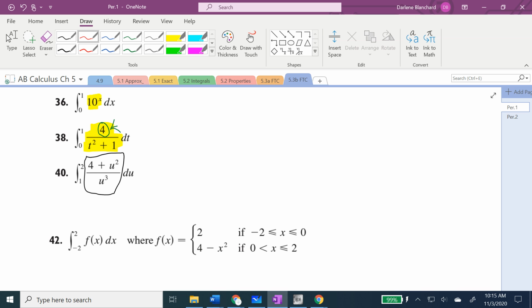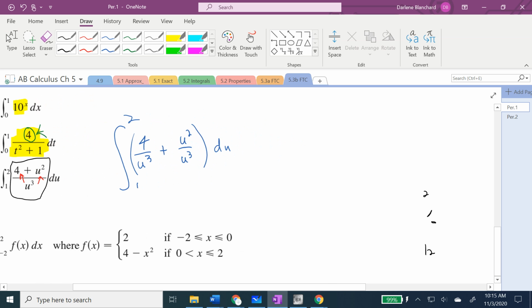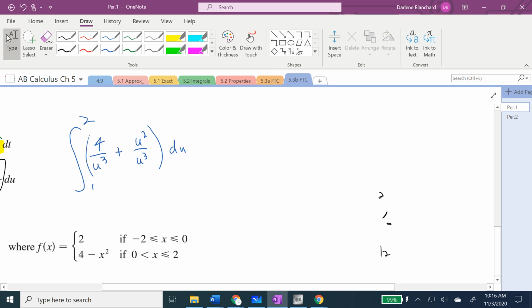I've got to distribute the division of my u cubed. That means that I'm going to have a 4 divided by u cubed plus u squared divided by u cubed. And you might see exactly what you're working with and be ready to integrate. But I'm going to write it out.